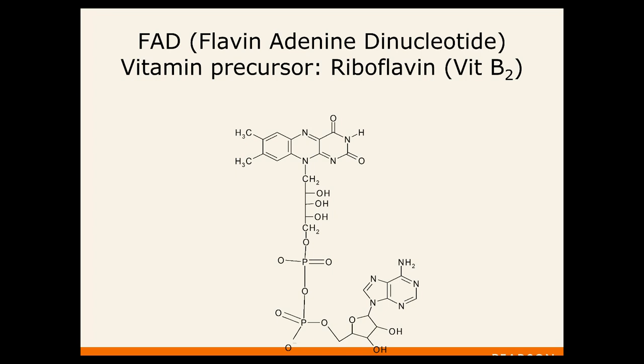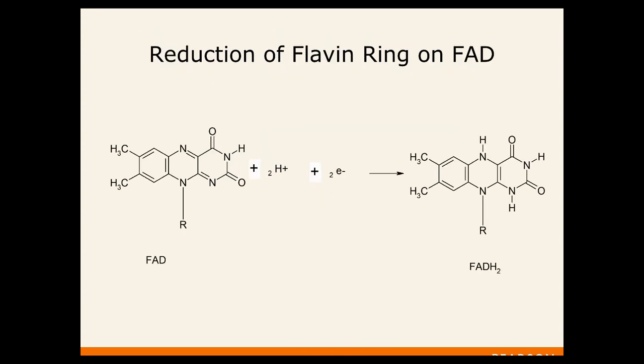Here's FAD, not seen in glycolysis, but that we will see in the citric acid cycle. Wow, what a weird looking molecule. Its vitamin precursor is riboflavin, which is vitamin B2. And so again, the importance of vitamins. Let's take a look at the structure in an abbreviated form.